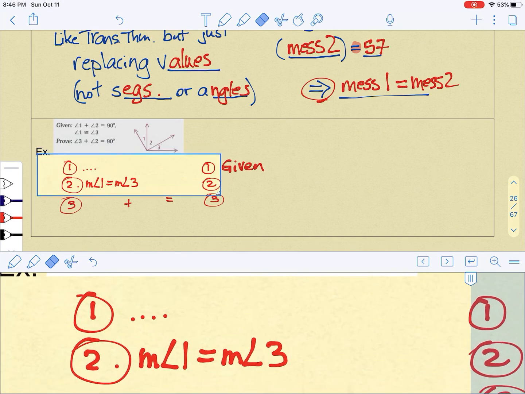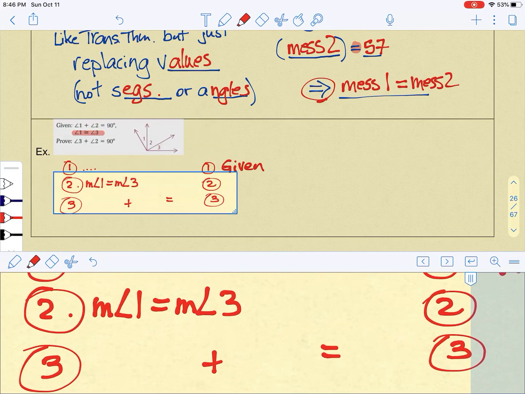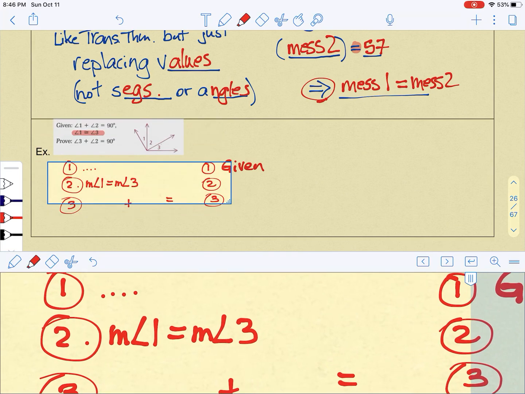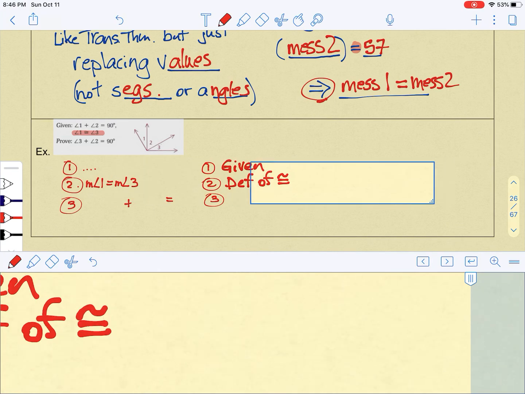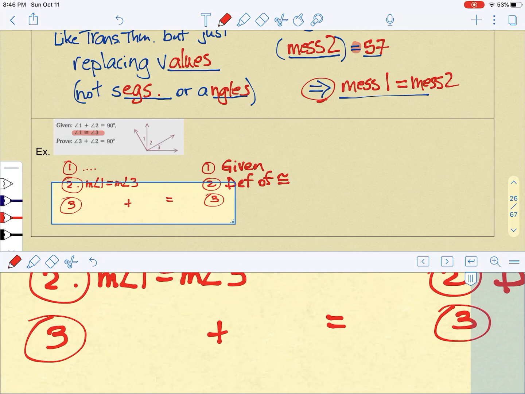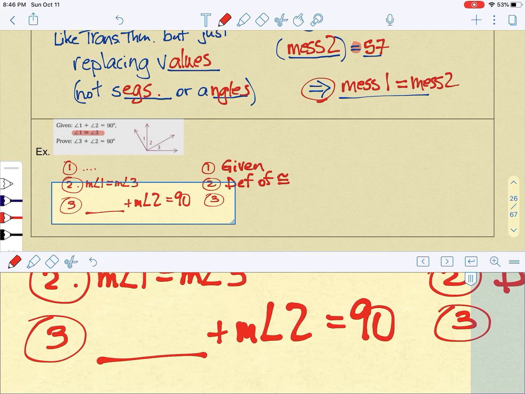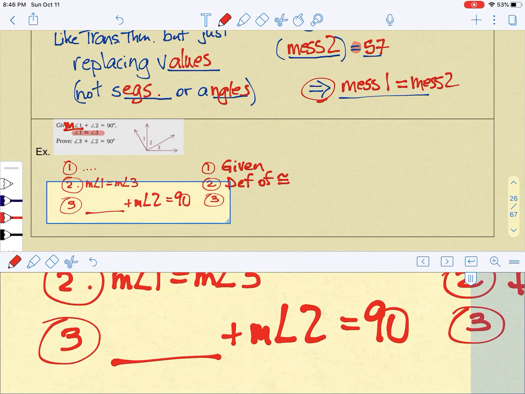All right, line number 2. Well, if the two angles are congruent, then we know that the measures have to be the same. And that is the definition of congruence. Okay? And if the measures are the same, that means I can take the measure of angle 2, and instead of saying the measure of angle 1 like we did initially, and by the way, that was the book's error not to put an M there, I can replace it with the measure of angle 3.